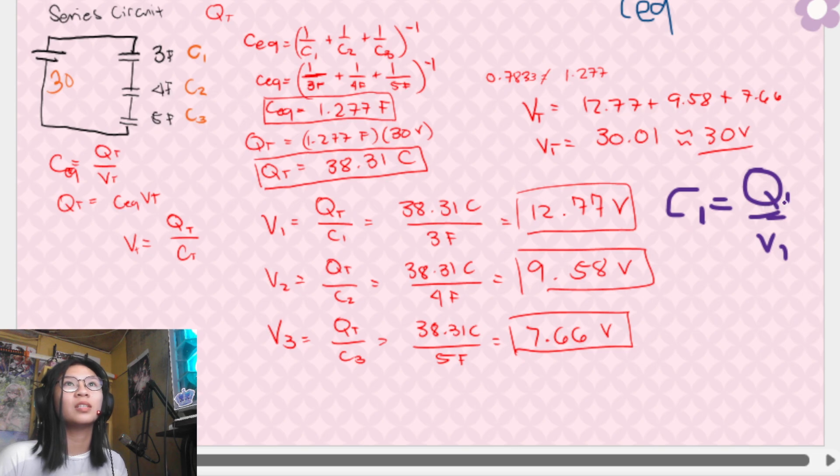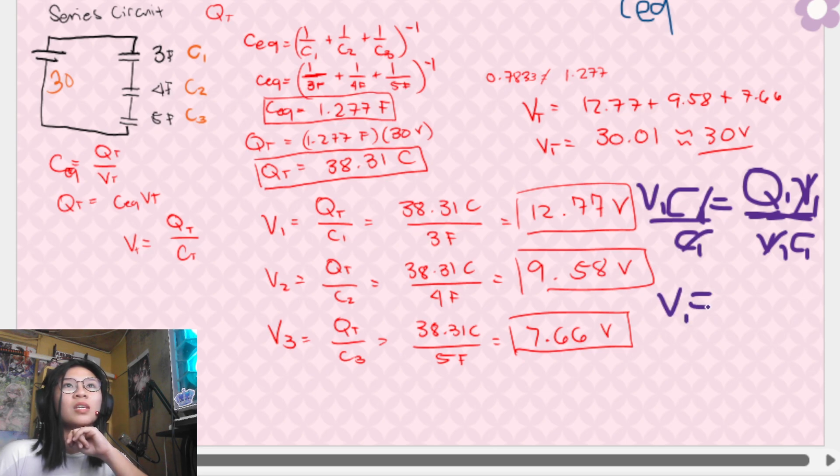C1, Q1 is already given. C1 is 3 farads and Q1 is 38.31. Same with the QT. Therefore, in finding V1, we have to derive. Okay, so correct, that is cancel. Tapos divide both sides with C1. Therefore, V1 is equal to Q1 over C1. And that's what we did here.